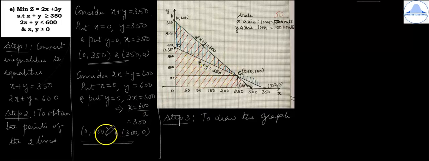Then take the next 2 points, 0, 600, that is here, and 300, 0 is here. Join these 2 points by a straight line, and on that line you write 2x plus y is equal to 600. Then you move on to step 4 to obtain the feasible region.